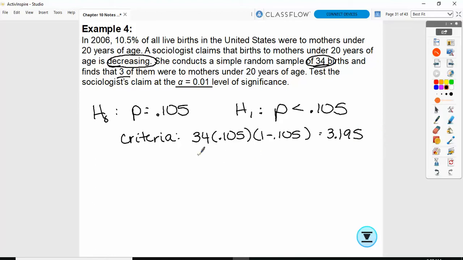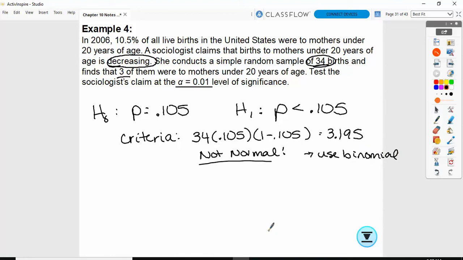Okay, this is smaller than 10. So that means this is not normal. We cannot use the normal table and that approach to get there. So instead, we have to use binomial.